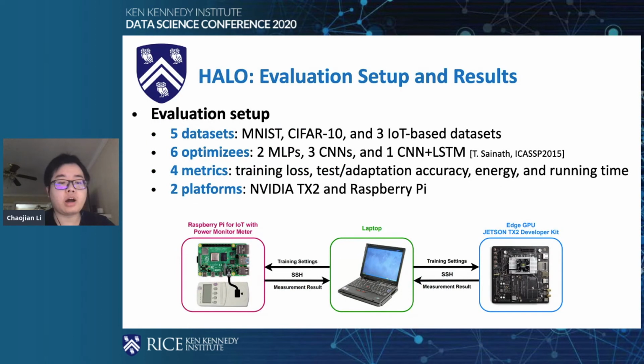To evaluate our proposed Hello, five datasets including MNIST, CIFAR10, and three IoT-based datasets, six different optimizees, four metrics, and two platforms are considered in the experiments. In other words, we not only take the training loss and the test accuracy into consideration, but also report the energy and running time measured on SOTA IoT hardware.